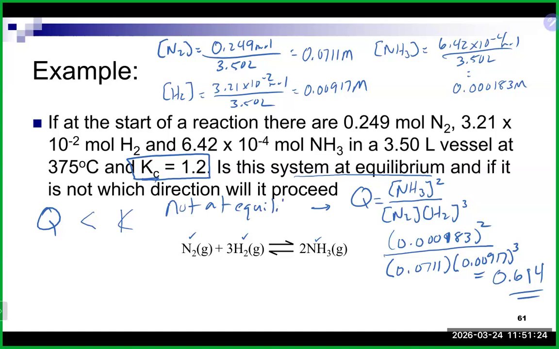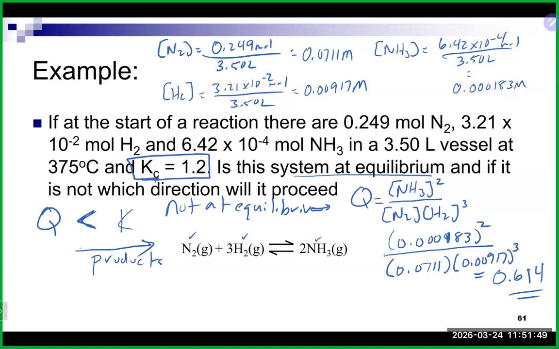The only way they would be at equilibrium is if they equaled each other, which they don't. And if you write Q on the left and K on the right, it goes opposite the way the arrow is pointing. So to reach equilibrium, you need to go in the opposite direction, towards our product side in this case. Make more products. Any questions on Q?